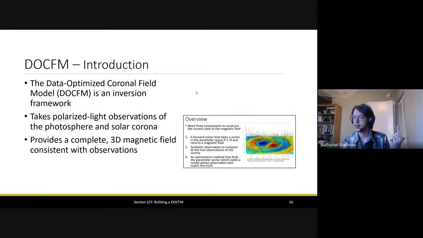And then a method that compares that observation to the true observation and minimizes the difference between them. To test this model, we're going to have a ground truth, which is just a particular version of the forward model, the first part, and we'll pretend that that's the real sun. We'll take a synthetic observation of it, and we'll try to reconstruct it.